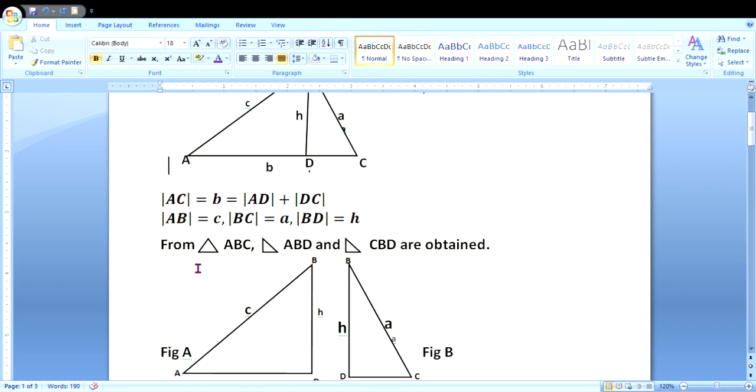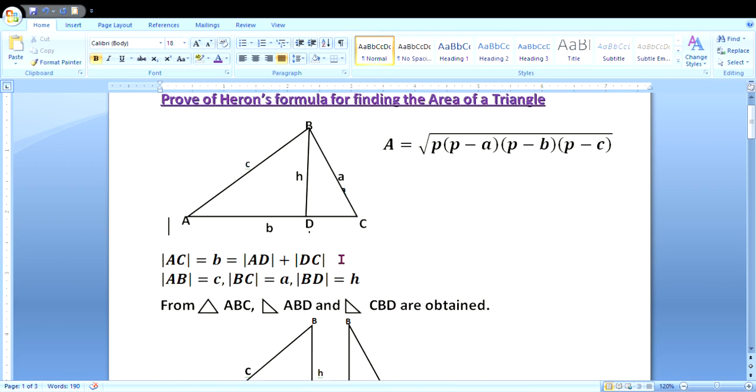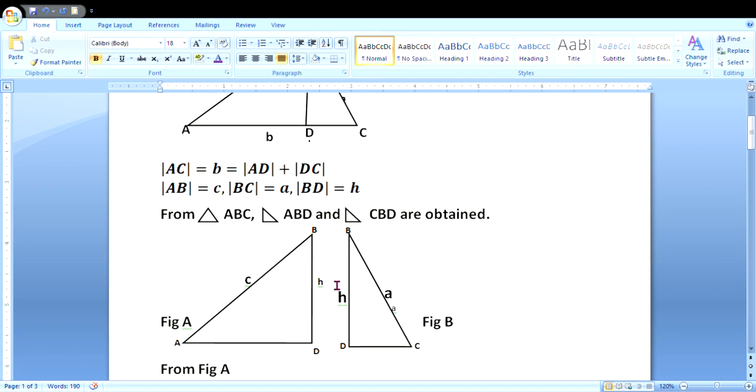So from triangle ABC, we also obtain triangle ADB, and similarly, we obtain another triangle CDB. So from this triangle ABC, we obtain two triangles.